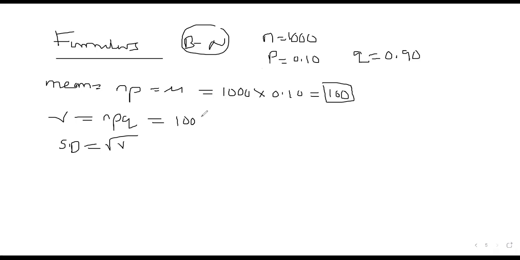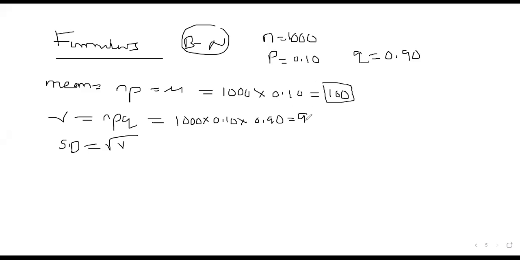The variance is found by multiplying N, P and Q. So what are we getting? 90.